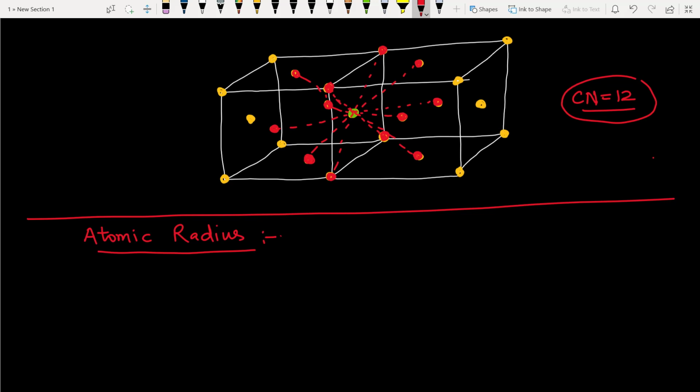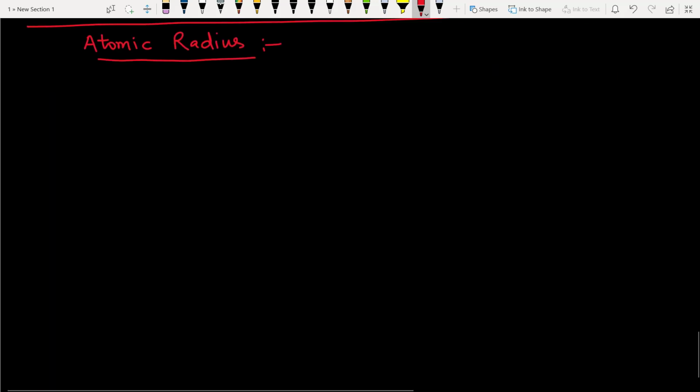Radius of the atoms which are to be placed in a particular cubic crystal. So for this we assume our atoms, ions or molecules, that we arrange as spheres, and we are to calculate the atomic radius.